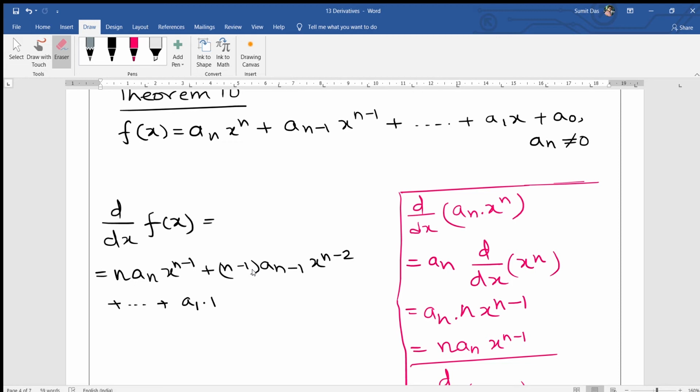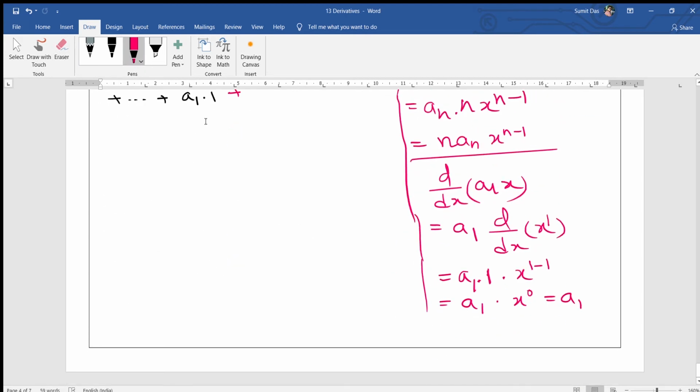And what will be the derivative of a_0? The derivative of a_0 means d/dx of a_0. Here there is no x, right? So the derivative of any number will be 0.